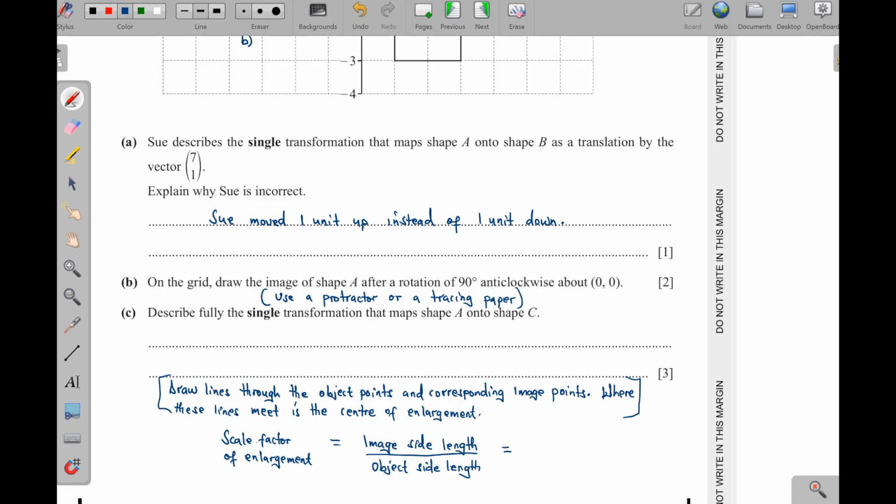Or you can look at image distance from the center of enlargement, then divide by the object distance from the center of enlargement. You see?